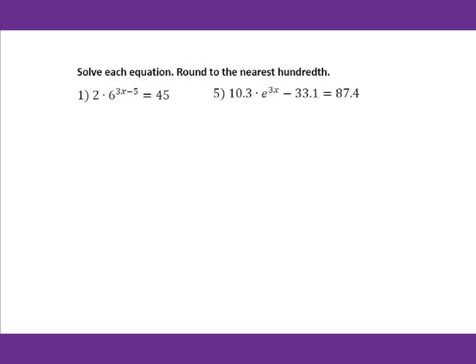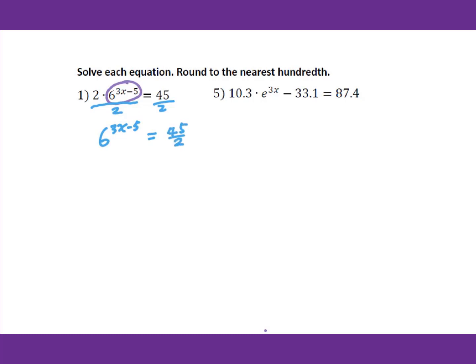For number 1, first of all, we need to isolate this exponential form, then check can we make a same base. So we divide by 2 both sides. You will get 6 to the 3x minus 5 power equals 45 over 2.